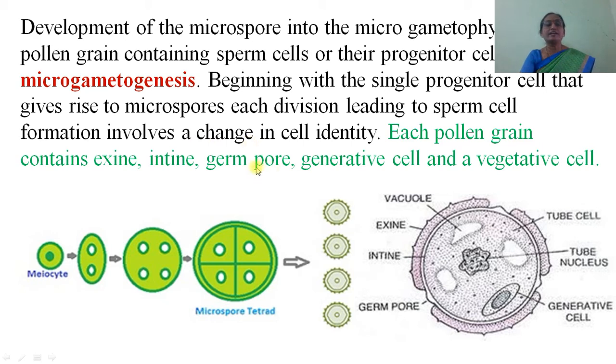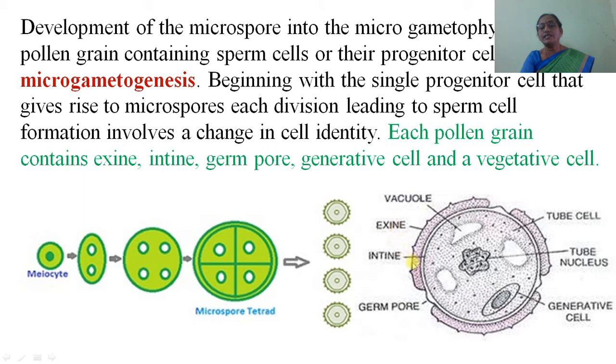Each pollen grain contains the outermost exine. Inside the exine there is the intine, and in the exine and intine there is a germ pore, and a generative cell and vegetative cell. These we can see here. The outermost layer is the exine.